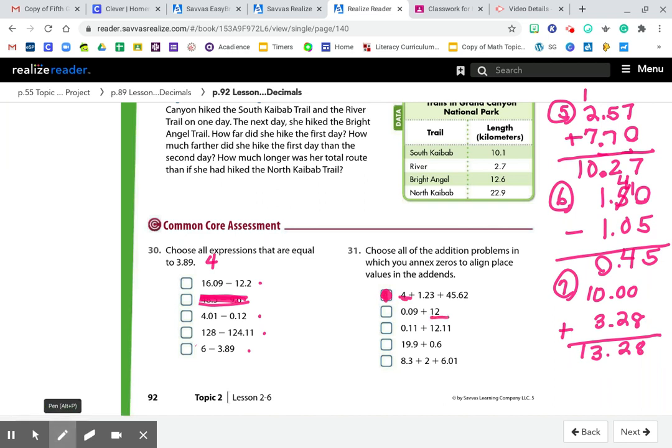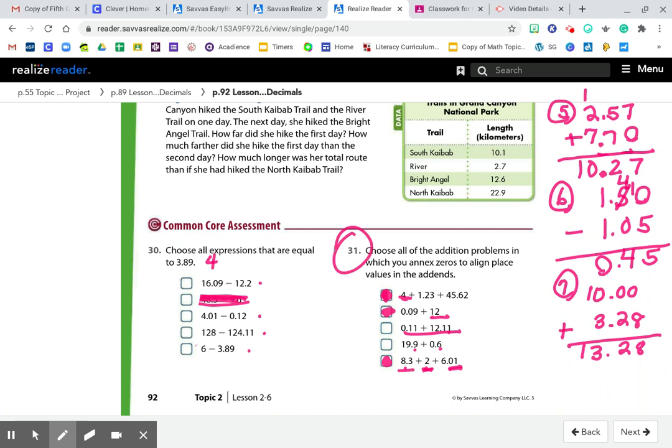We won't have to add any zeros here because there's 2 digits in decimal place value in both values. There's 1 digit in decimal place value in both values there, so we won't have to annex any zeros, and we'll have to annex zeros on the last one because there's 2 digits in place value on the last addend, none on the second one, and 1 on the first. So we're going to need to go to 2 digits. We'll have to do a lot of adding of zeros. So I actually didn't even have to do math on that one. I'm just using my number sense for number 31.